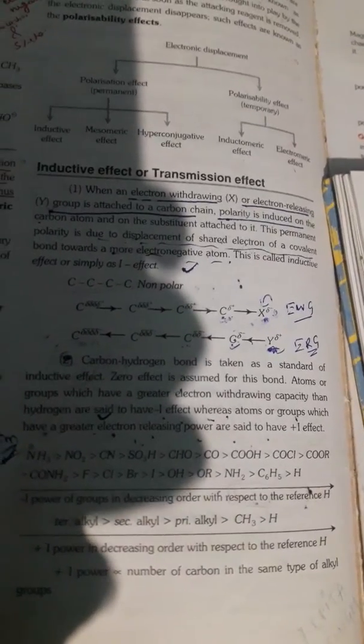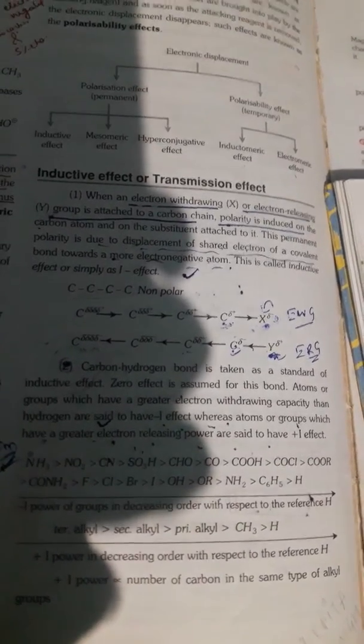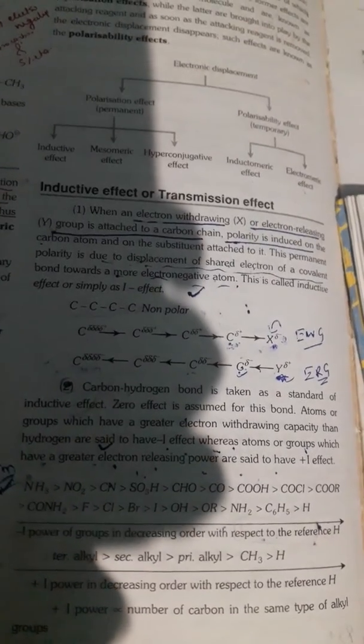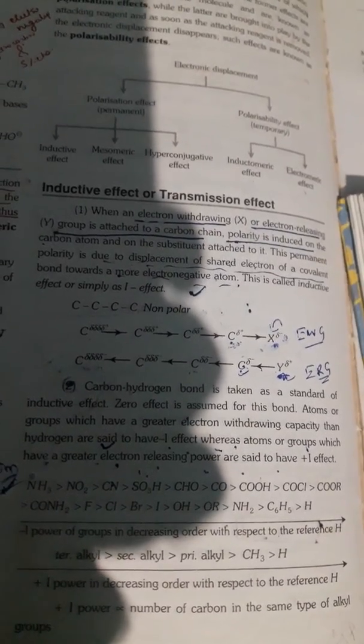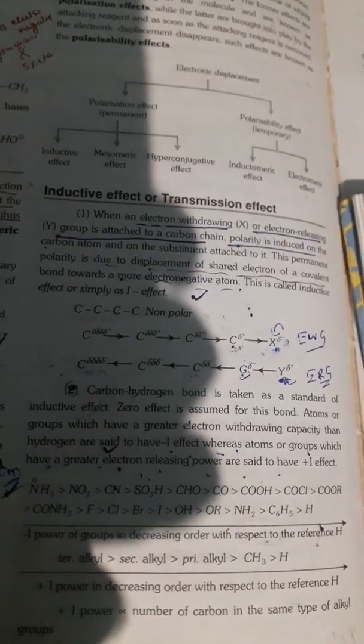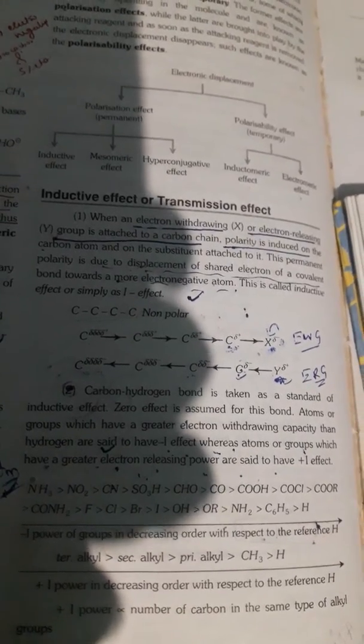So I have covered 2 points here. In this question also, a question like that can be asked. Suppose NO2 is given. NO2 is much more electronegative than CN, then SO3H, then CHO, then CO, then COOH, then COCl, then COR, like that amide.